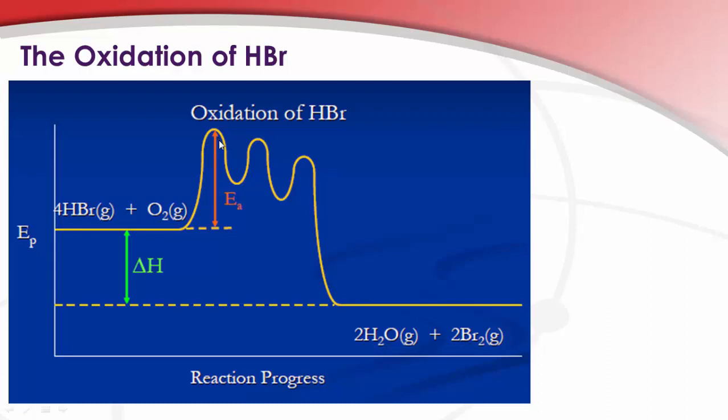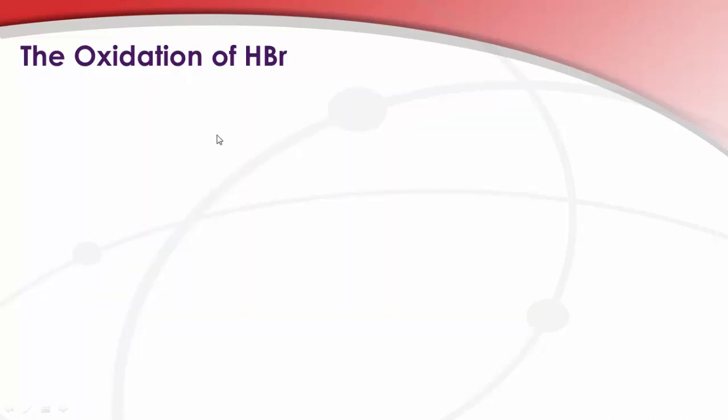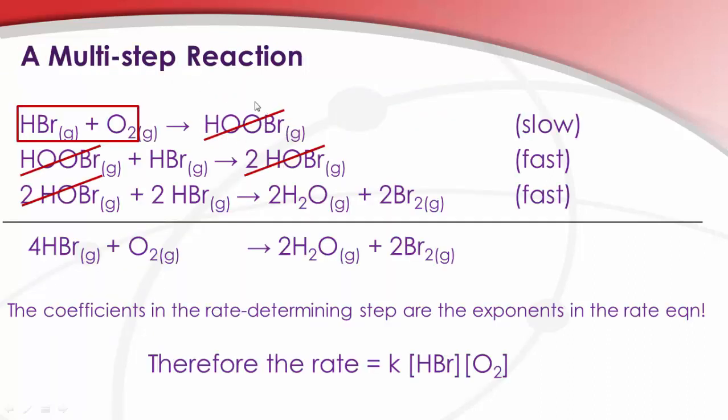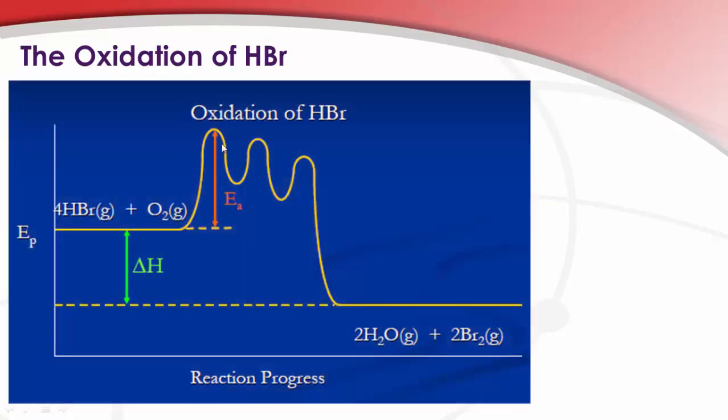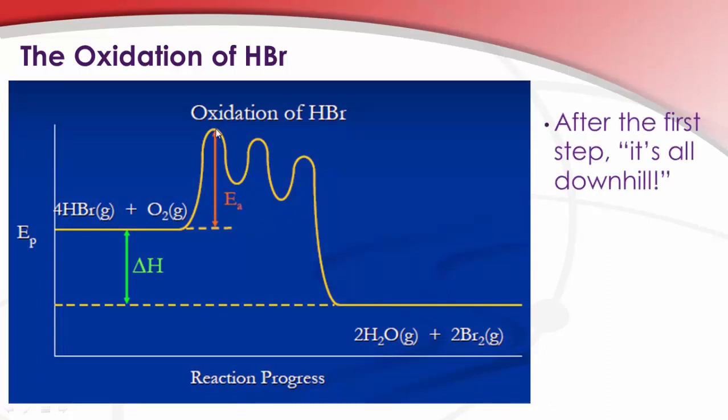Once that intermediate has been formed, notice it's this guy here, the rest of the equation proceeds very fast. You might look at it as once you're at the top of this mountain, everything else is downhill. So the other two transition states are achieved very quickly once we've gotten to this point.